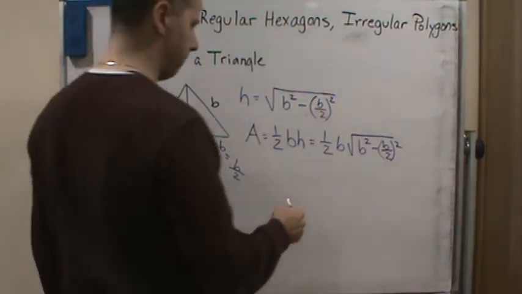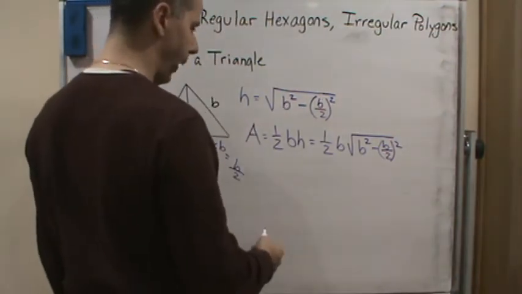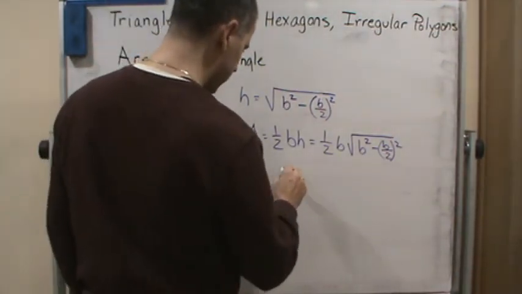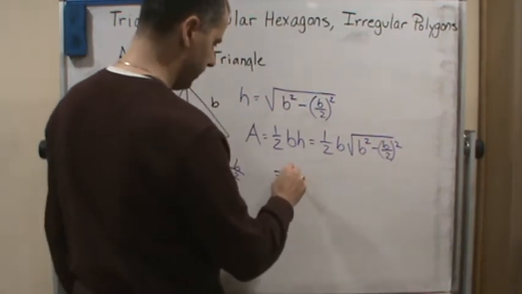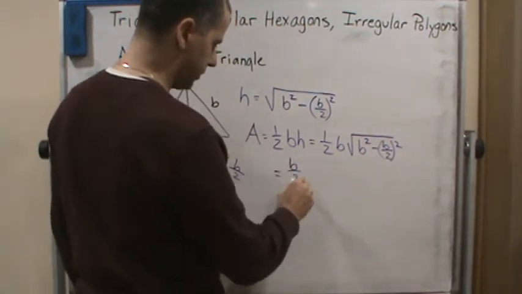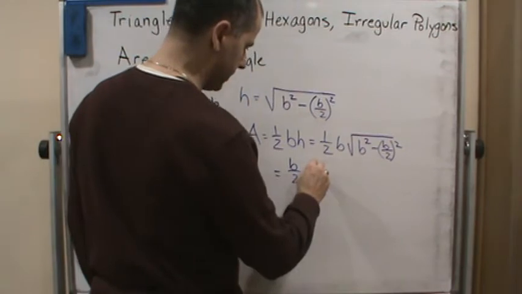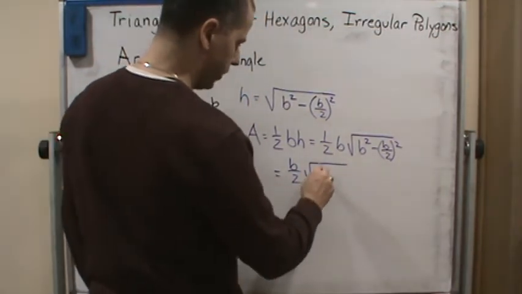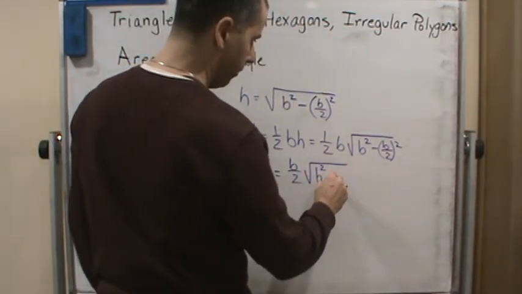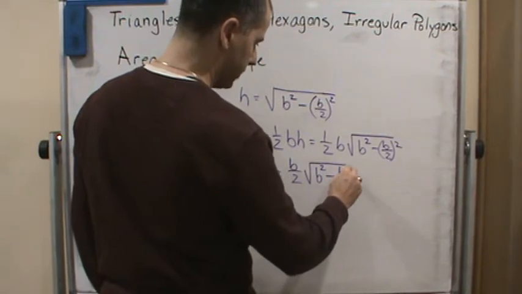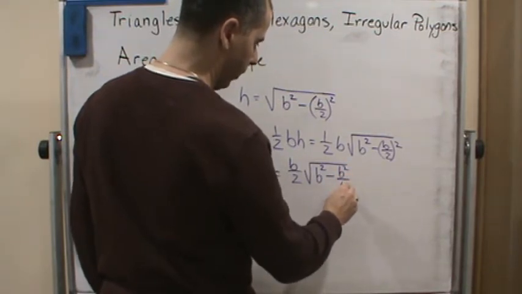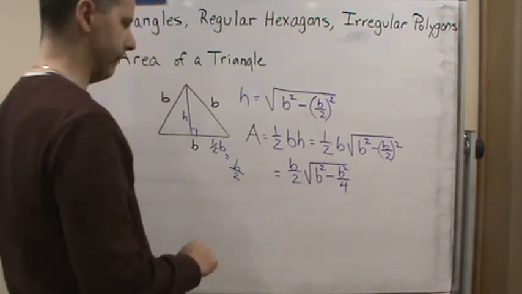Let's see what happens here. Okay, well, what does this become? I'm just going to put that over 2, and so what happens in the radical? So this is going to be b squared minus b squared over 4, right?